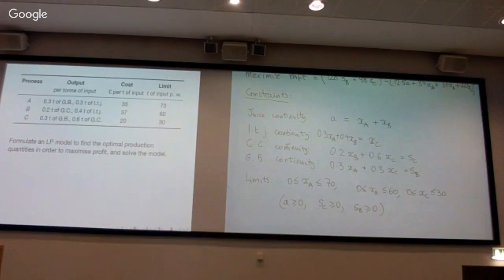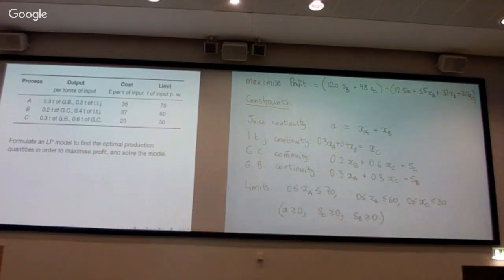So if you miss these out, that's okay. Other than that, I don't think there's anything. Can anybody see any other constraint that I've forgotten?